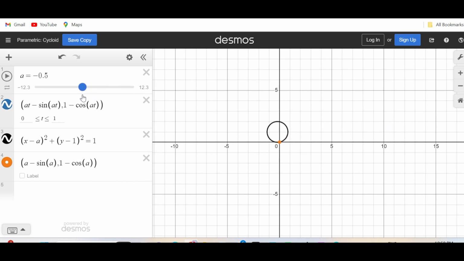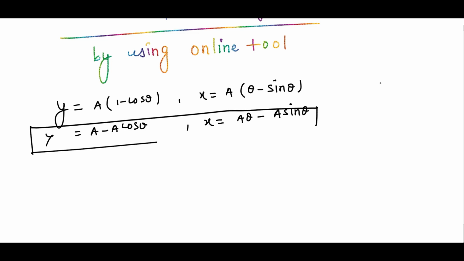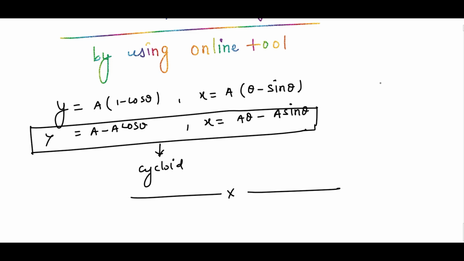This green path is known as the path of the cycloid. So therefore we can say that this curve represents a cycloid. So this is our required final answer.